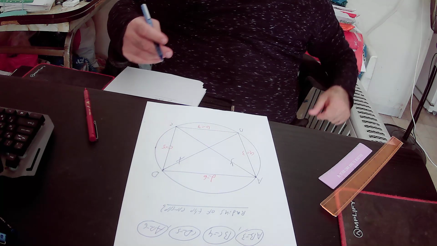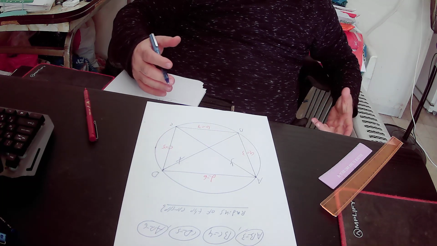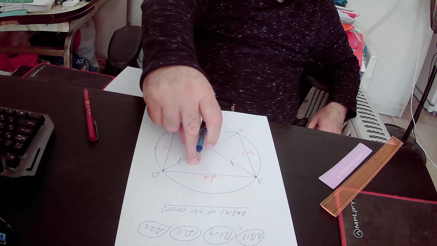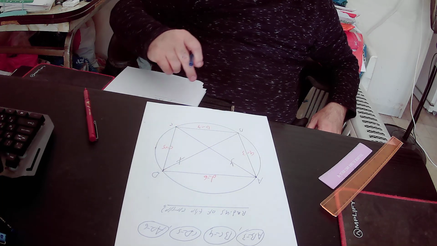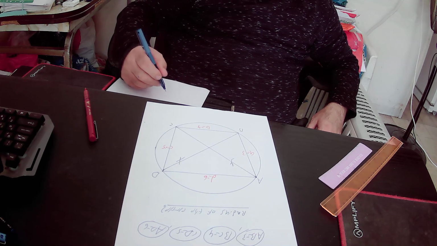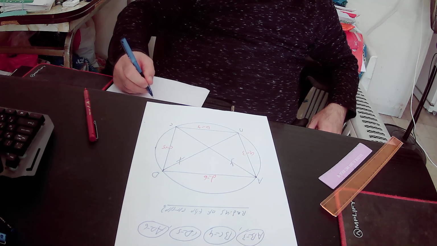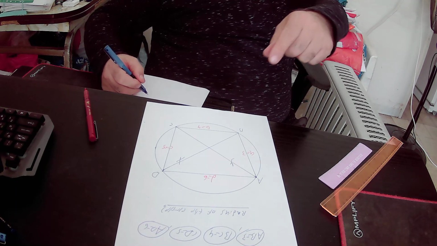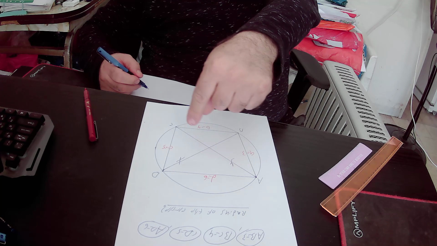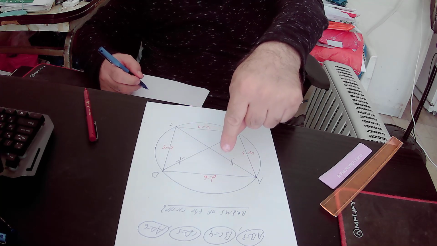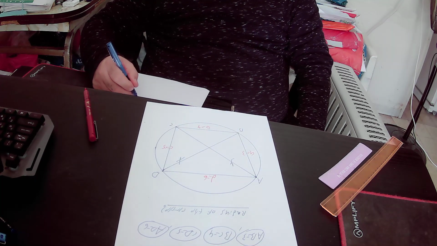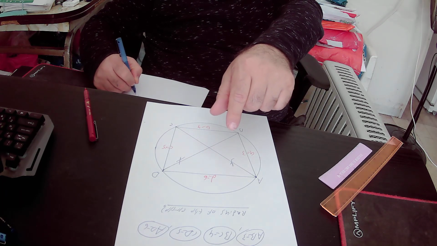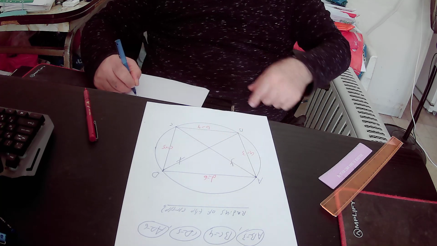Therefore, according to rule number 3, the radius of this circle that blocks triangle ADC will be equal to the product of triangle ADC's sides, that is to say c times d times y, over 4 times the area of triangle ADC. Okay?